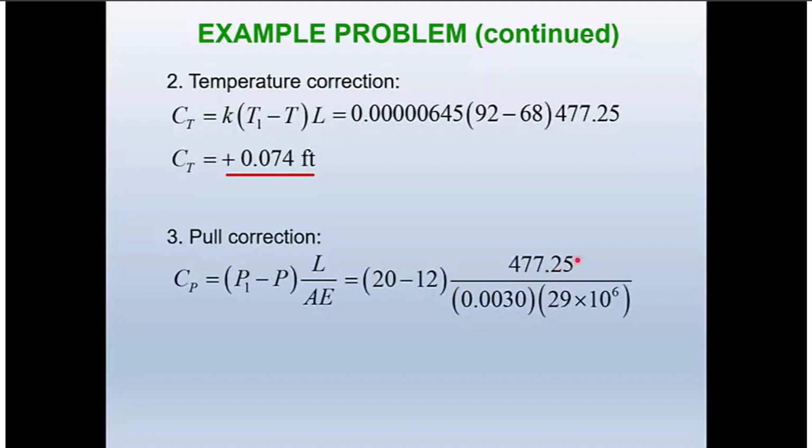We plug in the field measurement of 477.25 and then divide through by the cross-sectional area in inches squared and the modulus of elasticity in pounds per square inch. This equation is dimensionally homogeneous. We have pounds here, we have pounds per square inch. The pounds divide out, the square inches divide out, and all that's remaining is feet, giving us a result of positive 0.044 feet for pull correction.